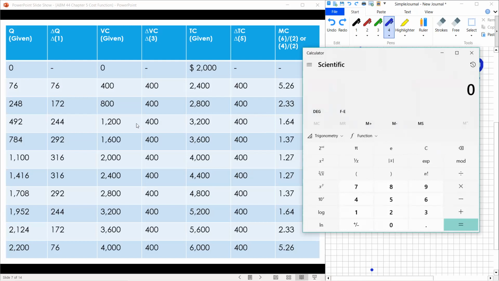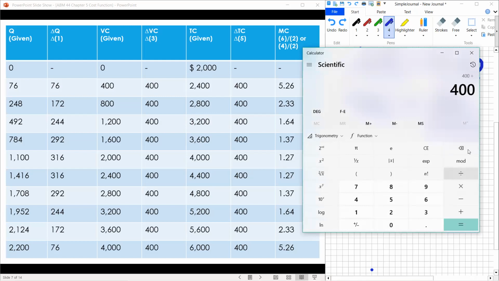So let's continue. How about the last one? 492 less 248. So that would be 244. This is it actually. So 32 minus 28, that is actually 400. So 400 divided, okay, I'll solve it. You can label it. 32 over here, 32 less the previous number, which is 28.